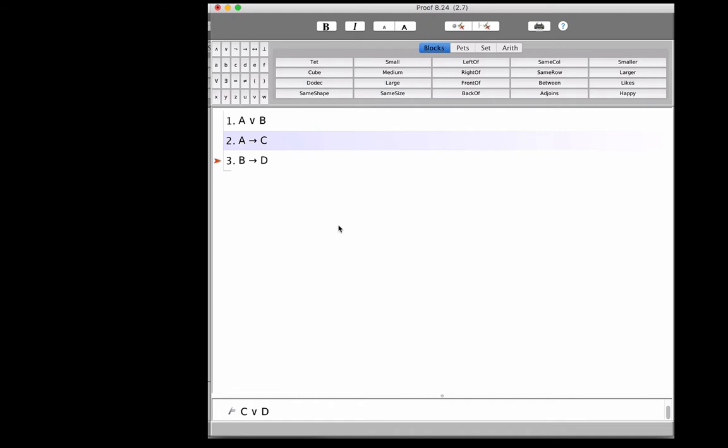Now, the two elimination rules, biconditional and conditional elim, involve affirming the antecedent. In other words, when you have a conditional sentence and you affirm the antecedent, you derive the consequent. That's how you dismantle or eliminate the conditional. When you have a biconditional and you affirm the antecedent, you can bring down the consequent.